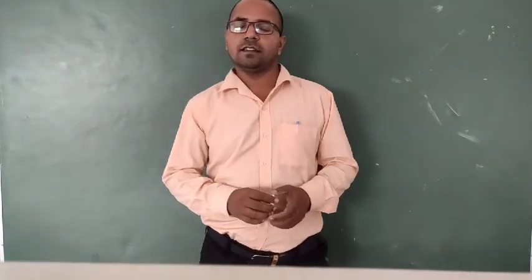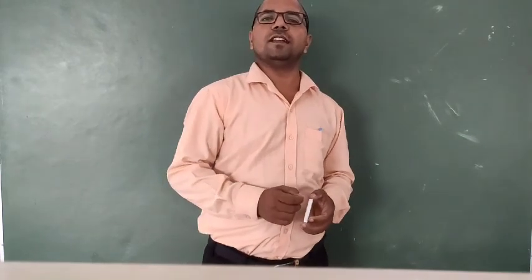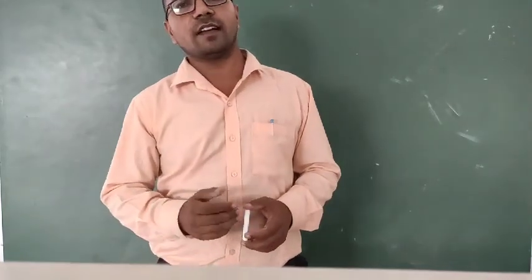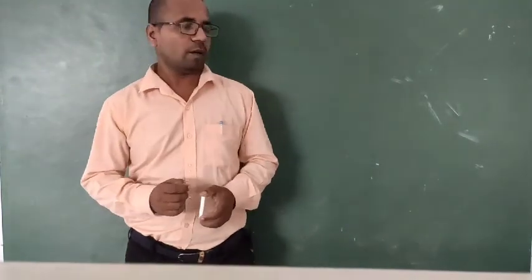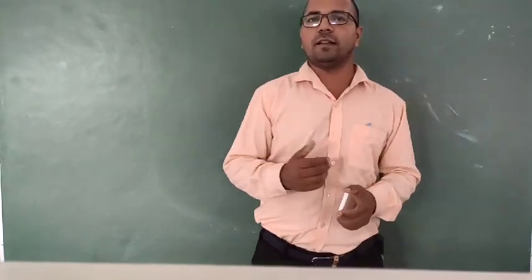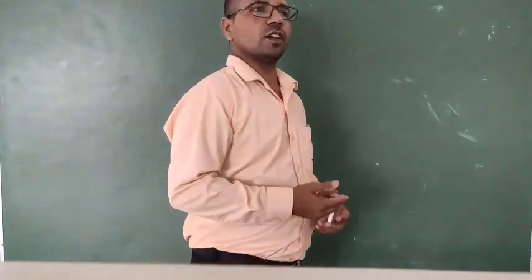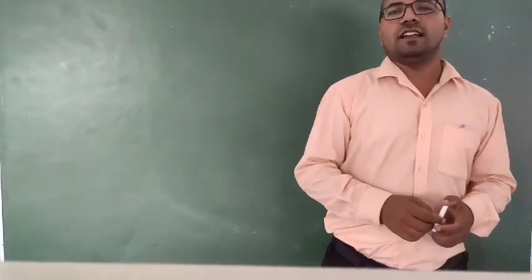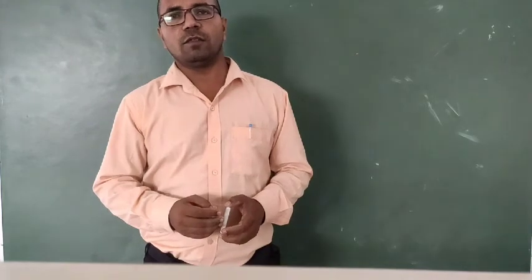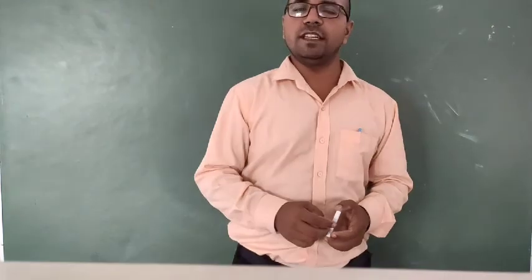Identities, as you remember: a plus b whole to the power 0, its value is 1. a plus b whole to the power 1 is a plus b only. a plus b whole square is a square plus 2ab plus b square. a plus b whole cube is a cube plus 3a square b plus 3ab square plus b cube.